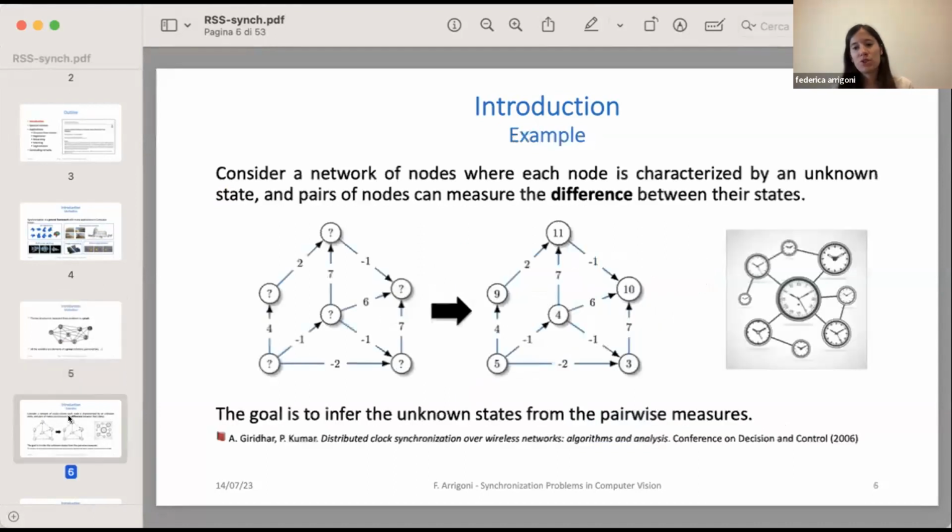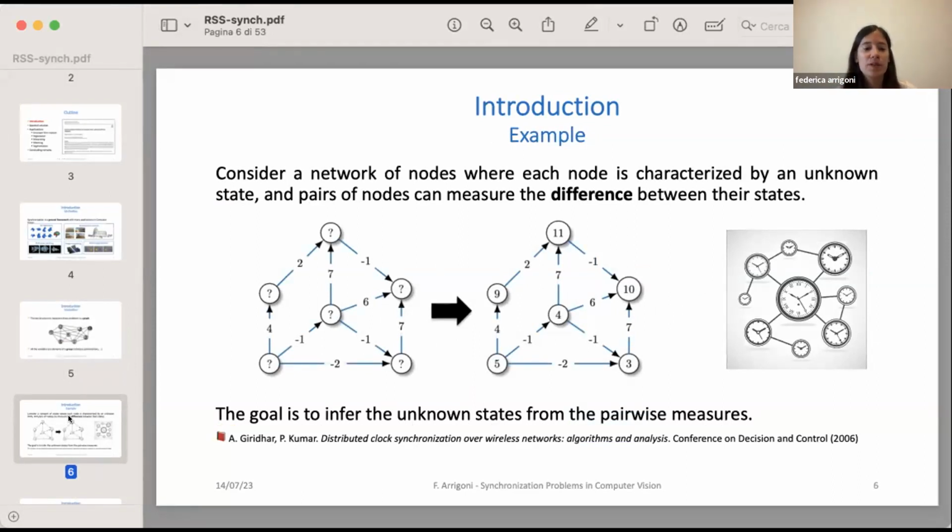Before moving to the general definition of synchronization, I will start with a simple example that also explains the origin of the term synchronization. Here we have a network of nodes where each node is characterized by an unknown state, and pairs of nodes can measure the difference between their states.